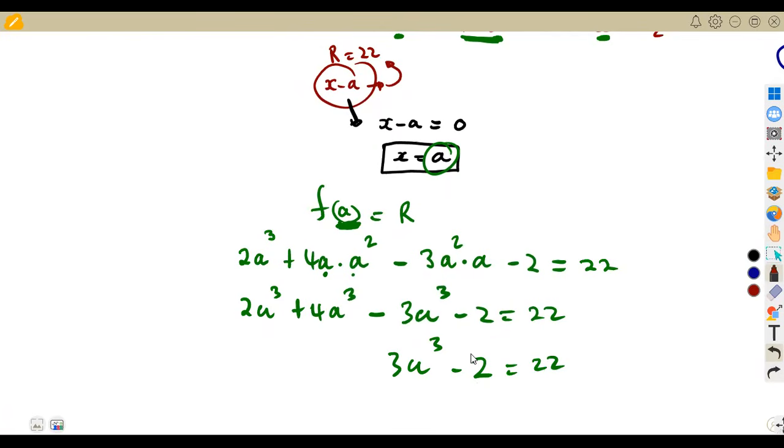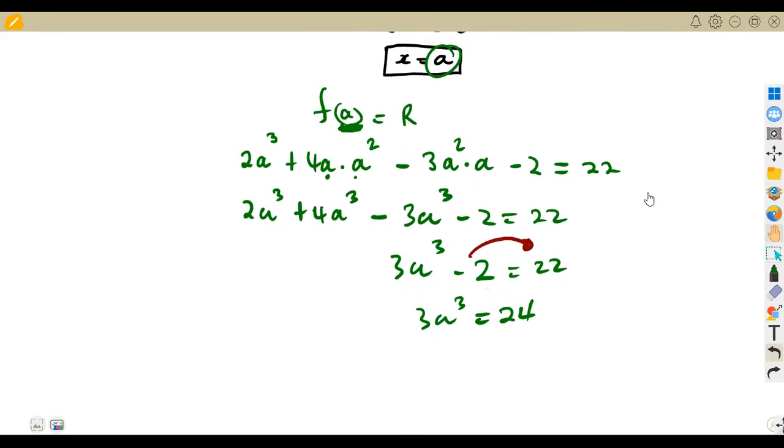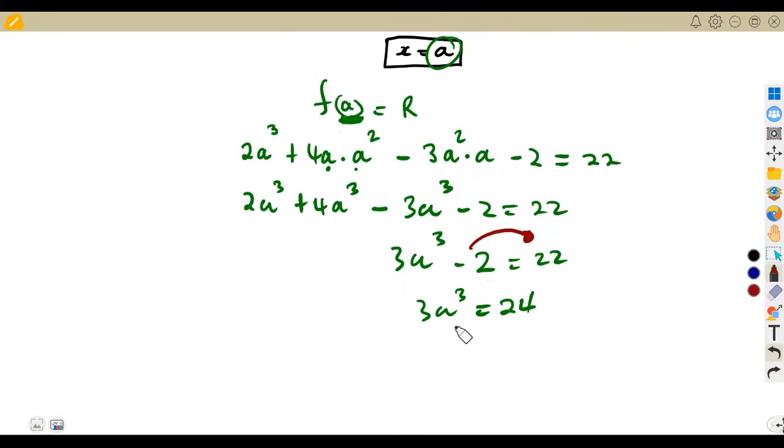For us to find a, we can transpose the negative 2 to the other side so that it becomes positive, and this will give us 3a cubed is equal to 22 plus 2, which is 24. To find the value of a, we can just divide by 3 on both sides, since we are multiplying. That gives a to the exponent of 3 equals 8.